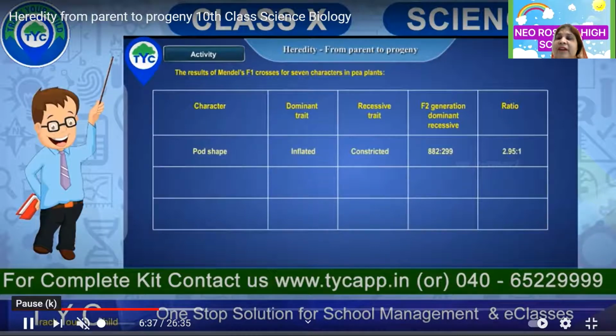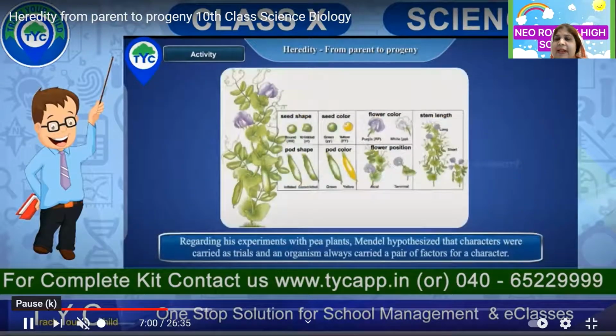So here he got, again, you can say a 2.93:1 ratio. And then green and yellow also in the same ratio, with a slight variation. Then stem length he selected as tall and dwarf, and tall was dominant and dwarf was recessive. So everywhere, nearly all of his data which he collected was in the ratio of 3:1.